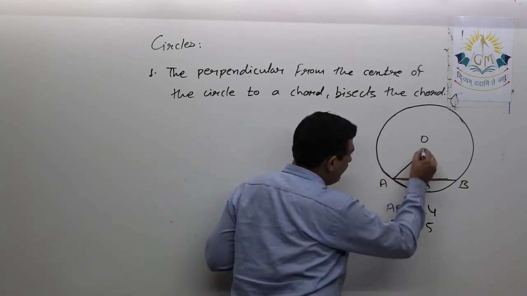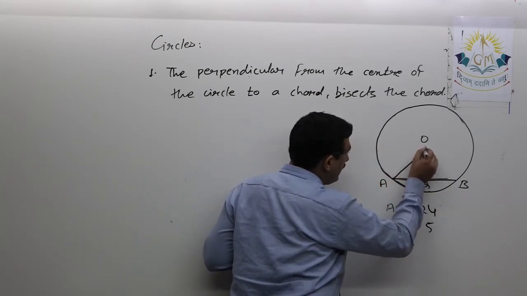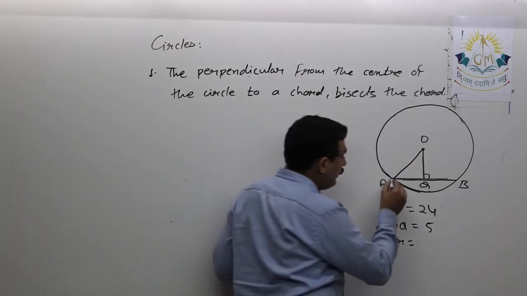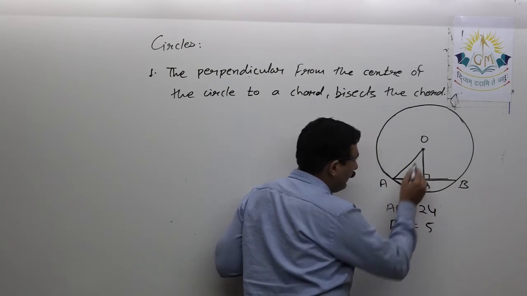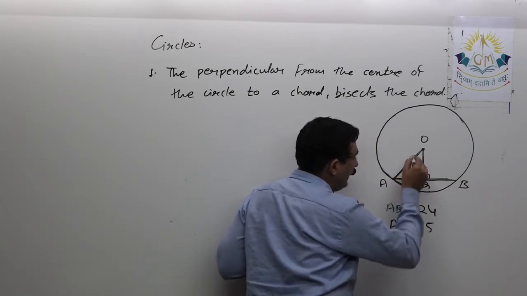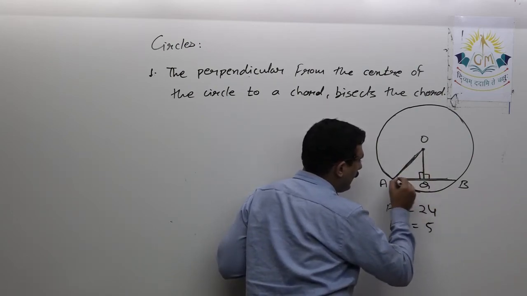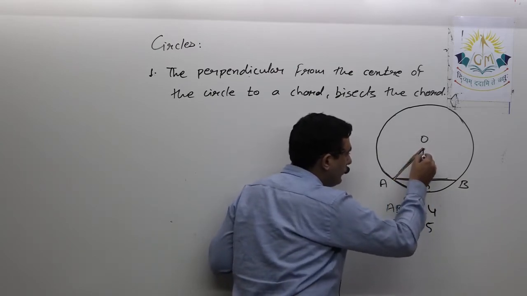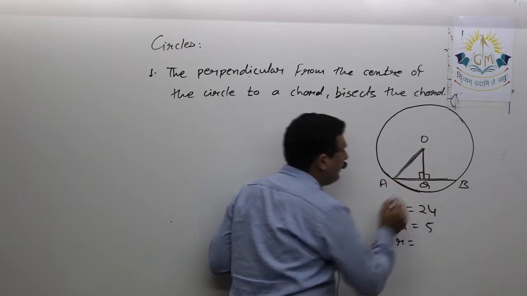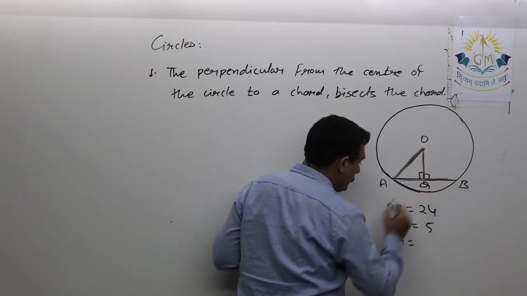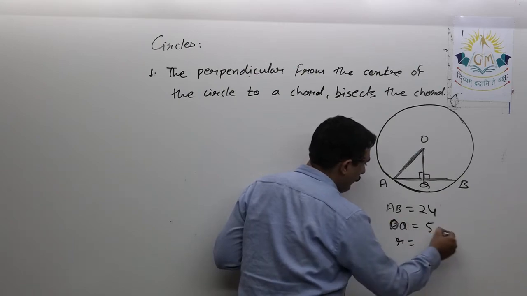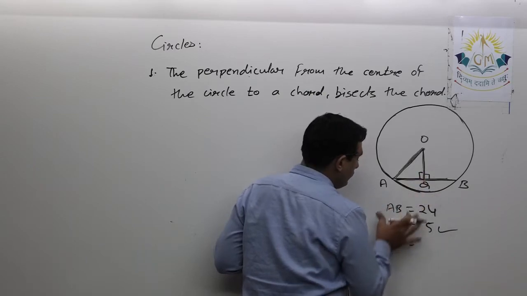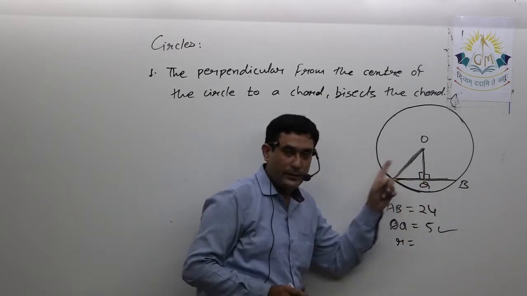Radius means AO, because radius we know is the distance between the center and a point on the circumference. We need to find AO, and here you can see this is a right angle triangle. To get the length of the hypotenuse, we need the length of perpendicular and base. Now OQ is directly given to you, that is 5.